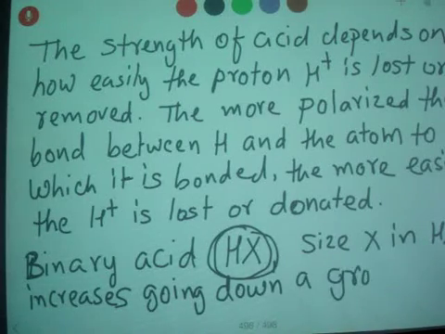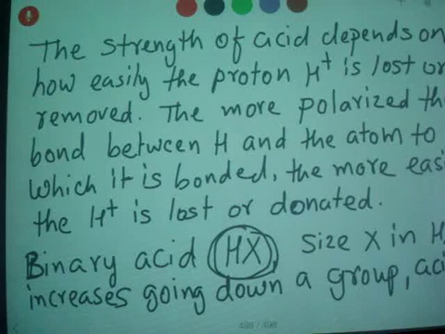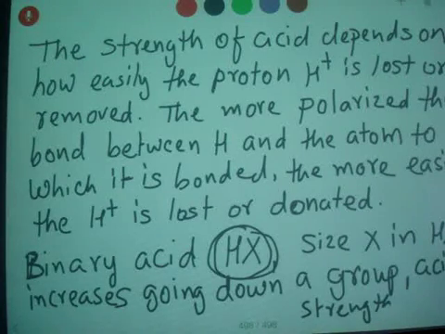Why? When going down the group, the atomic size increases, so the molecule becomes larger, and if it is larger, it can easily remove the H plus ion. So we can say acid strength increases.